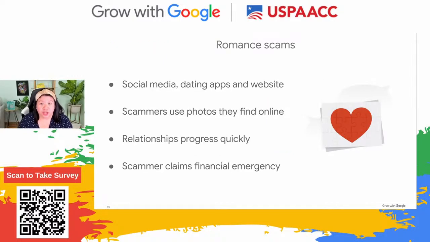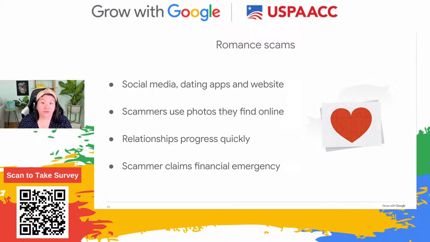Earlier in this workshop, we mentioned how online scammers often use people's emotions against them. This is particularly true of dating and romance scams. According to the Federal Trade Commission, Americans lost $304 million to romance scammers in 2020.